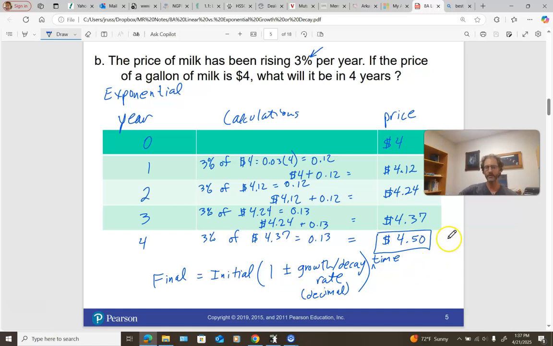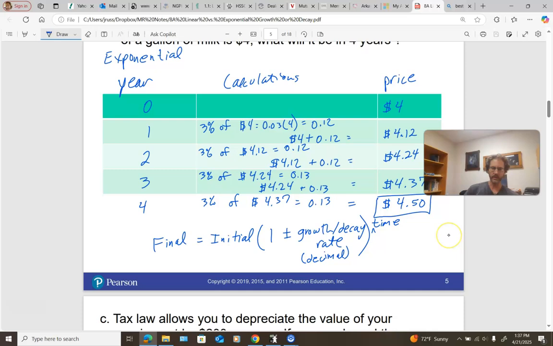And I'll demonstrate this to you real quick. So the initial amount was $4 times 1 plus the growth rate was 3%, which as a decimal will be that. Actually, let me write this lower. 0.03. And then I'm going to raise this to the power of time, and we were talking about 4 years. Okay.